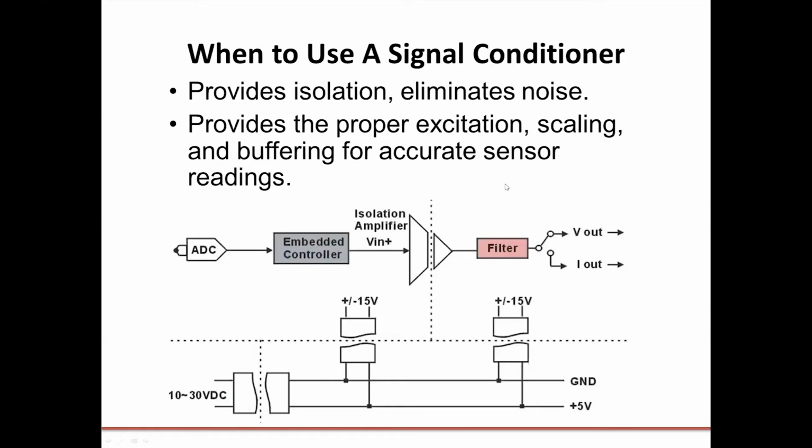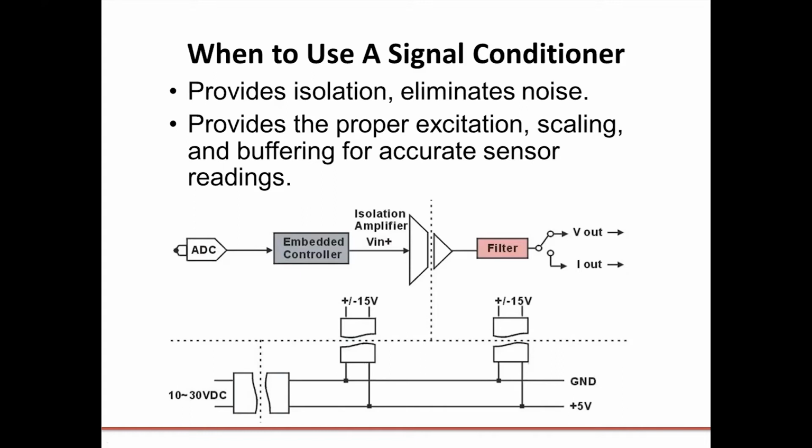So, when to use a signal conditioner? A signal conditioner is a great solution for an application where it would be impractical to use a DAQ module with specialized inputs. It provides a specific interface to a particular sensor, providing the proper excitation, scaling, and buffering.